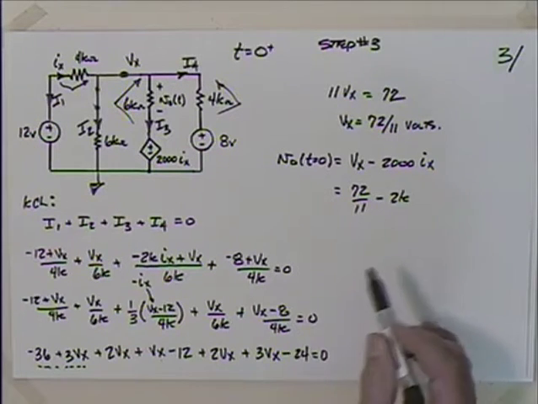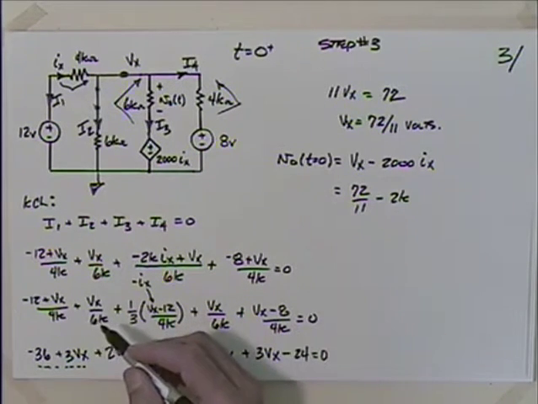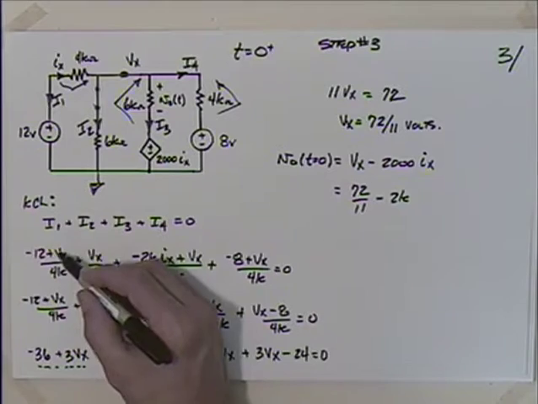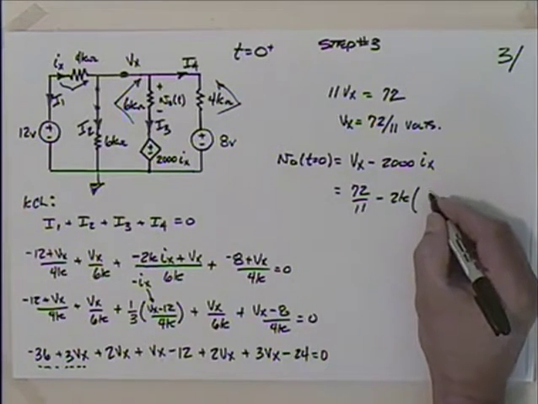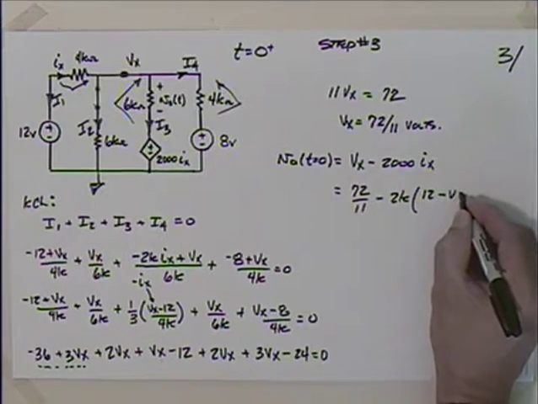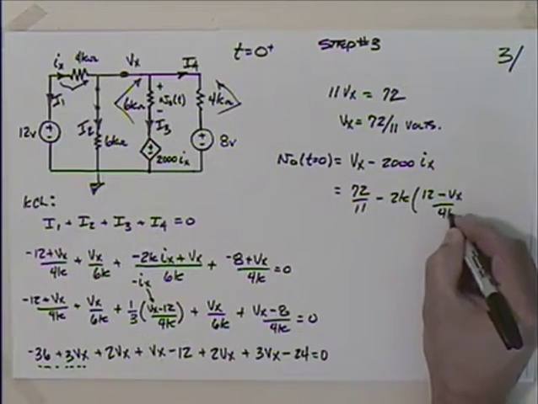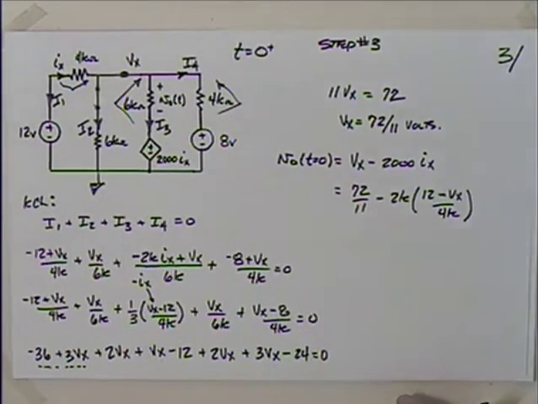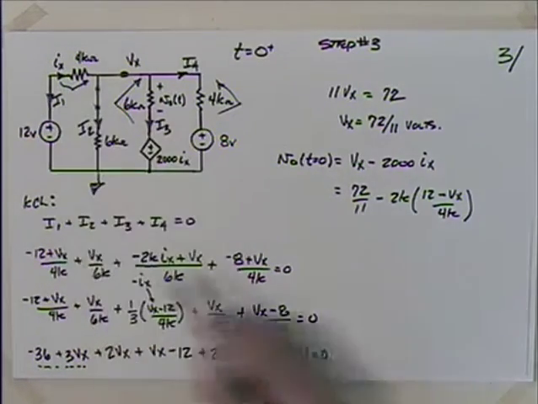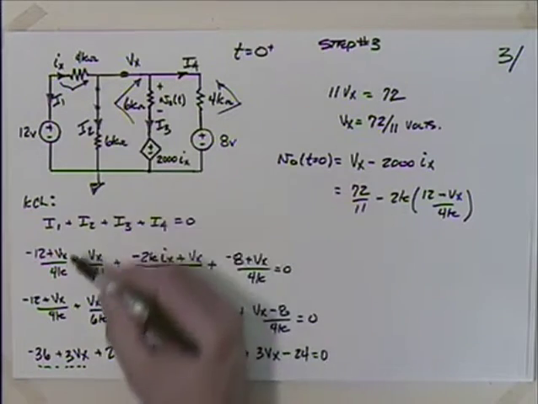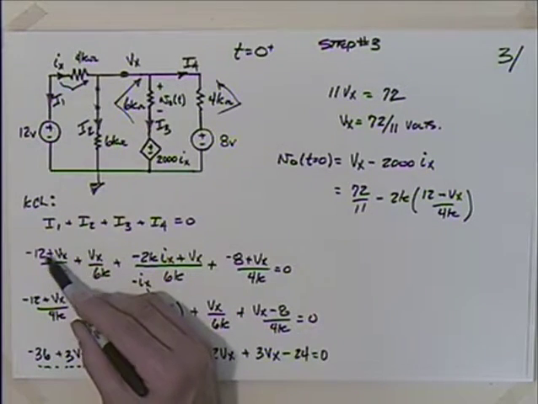So I have 72 over 11 minus 2k times Ix. Do I have Ix? Well, Ix is just the opposite of this thing, isn't it? So I would say that I have 2k times 12 minus Vx over 4k, because I1 is the opposite of Ix, so I put a negative sign in here.